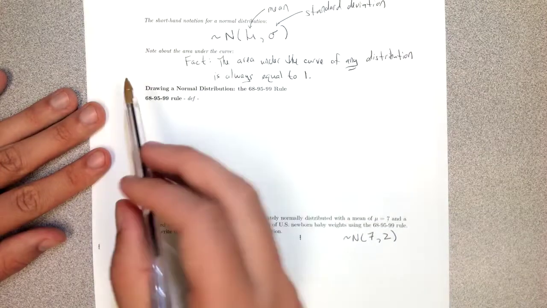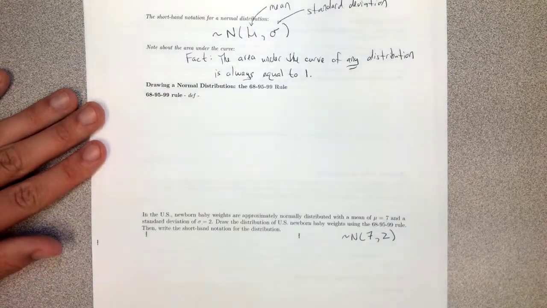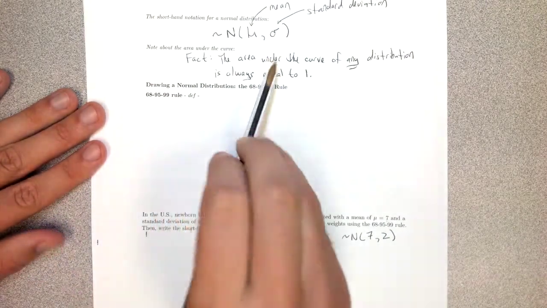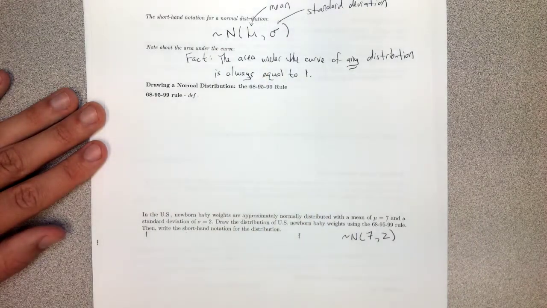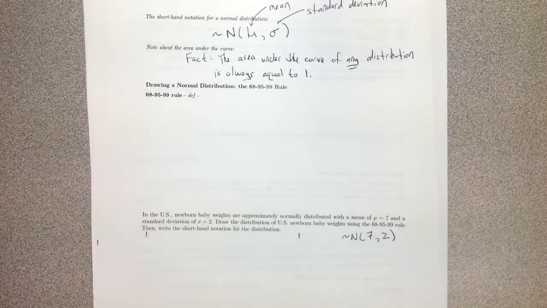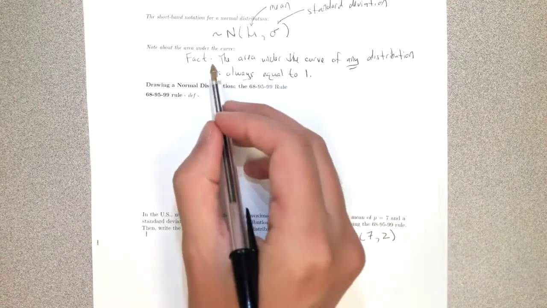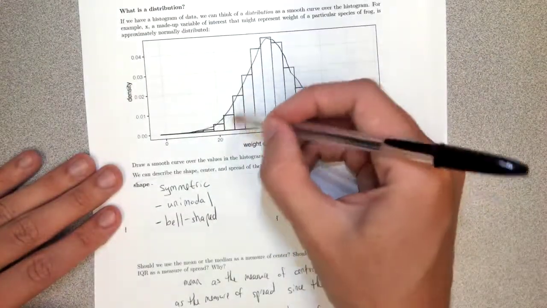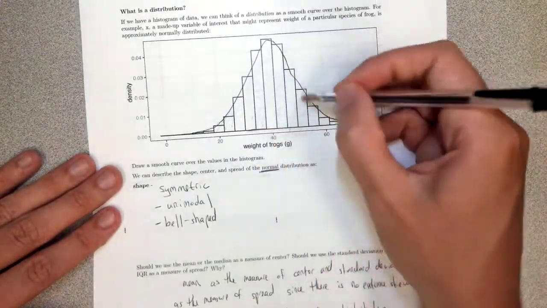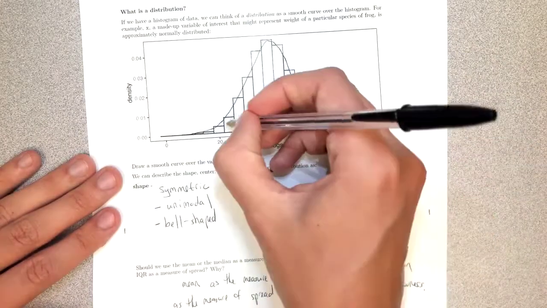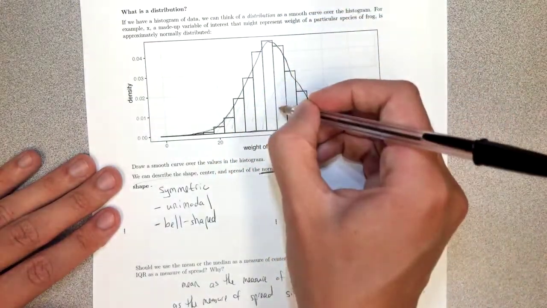We'll reason through it a couple videos from now when we talk about how to find probabilities using this normal distribution curve. It'll make a little bit more sense then. For now, we're just taking it as fact that if you shade this entire area, then that would be equal to 1.